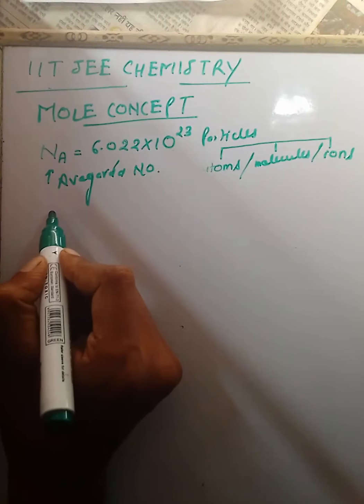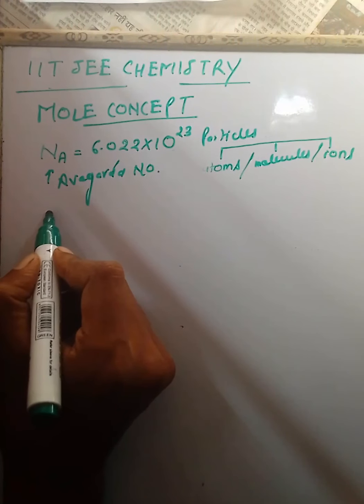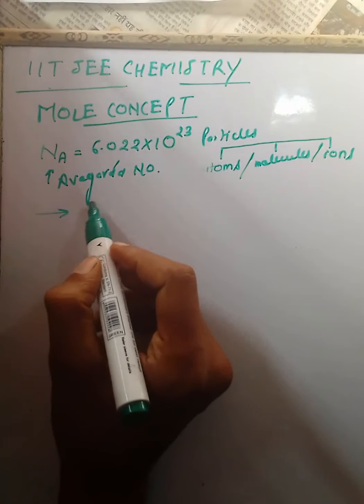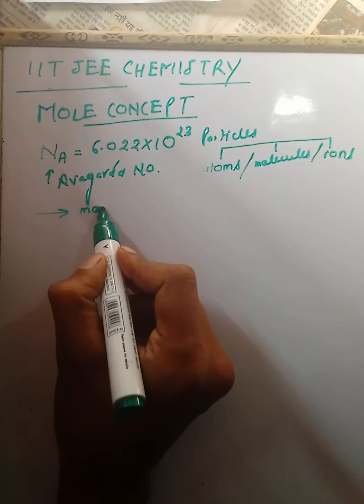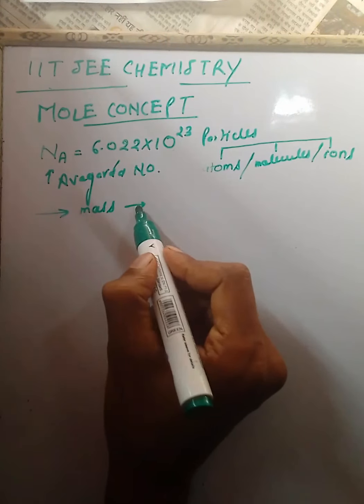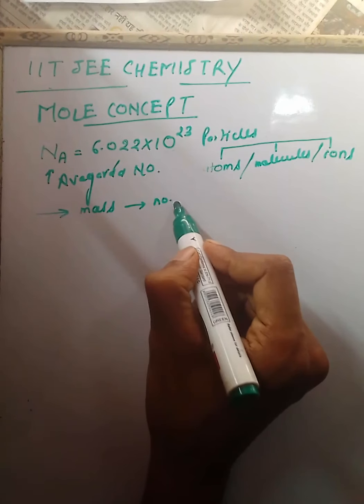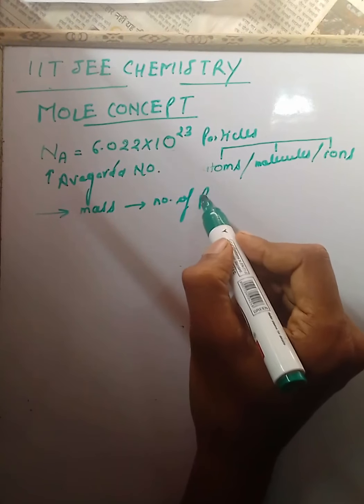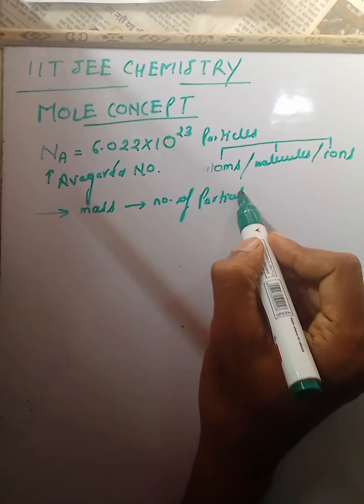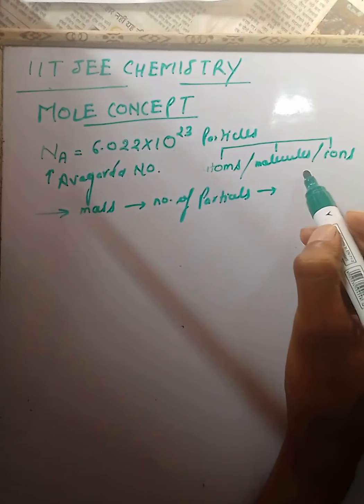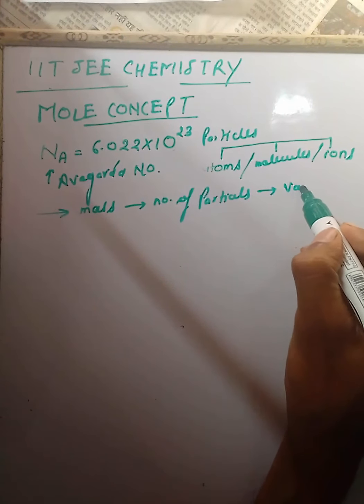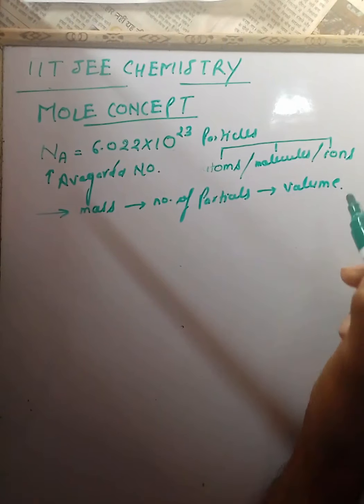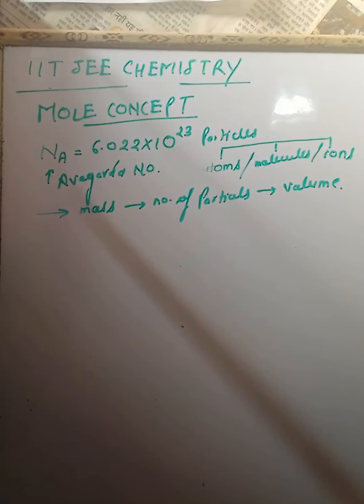So we can calculate the number of moles either from the mass, or from the number of particles, or from the volume occupied by that element under STP, standard temperature and pressure conditions.